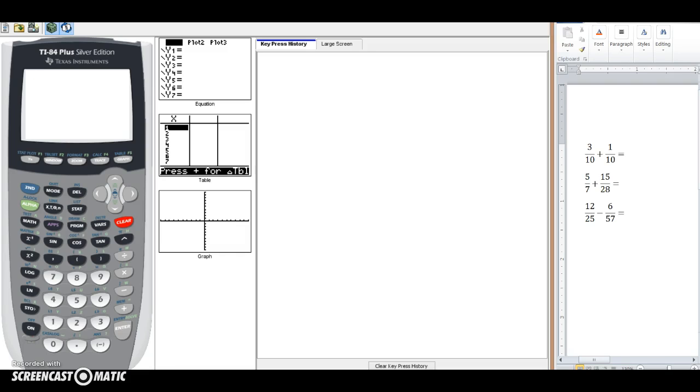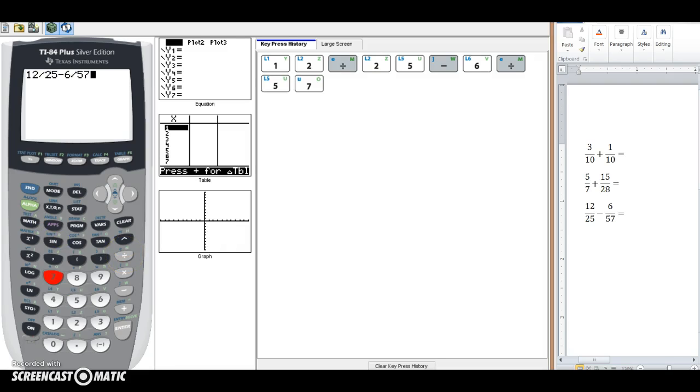Okay, so let's finish up with the last example. This is a subtraction, so I need to type 12, divide that by 25, minus 6, divide that by 57. And if I press enter, I get an answer in the decimal form.